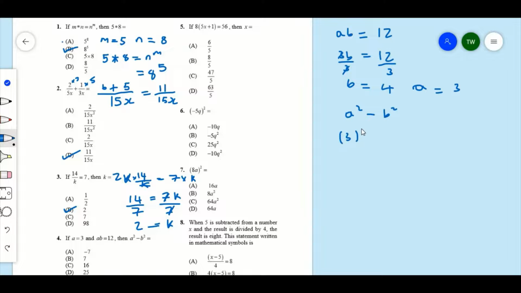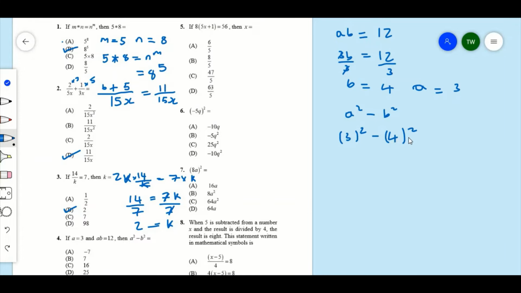It's going to be 3 all squared minus, instead of putting back b, we're going to put the value of b, which is 4, so it's going to be 4 all squared.